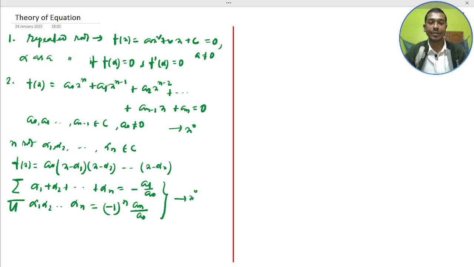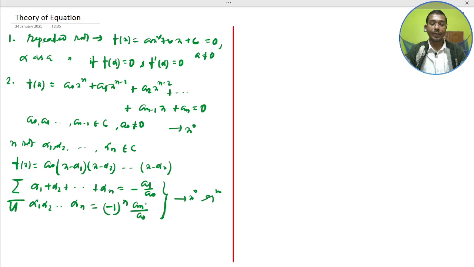This is for the n degree equation, and the quadratic equation is a special case of the n degree equation. The product of roots becomes minus 1 whole to the power n an divided by a naught, and the sum of roots becomes minus a1 by a naught.